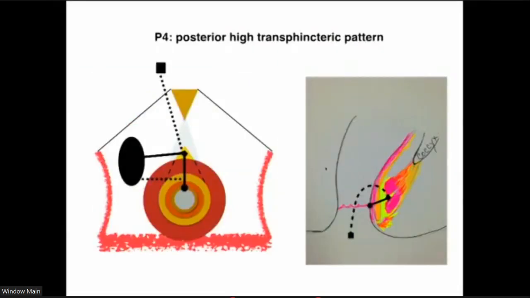For pattern number 4, it is the posterior high transsphincteric. The anal sepsis or the fistula tract passes above the superficial external sphincter. The superficial external sphincter is the key under the levator ani. In fact, there are three minor types. The most common one is this one.